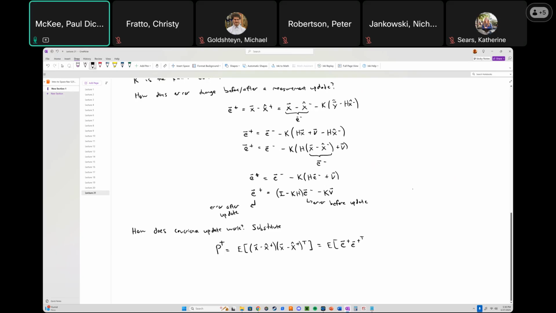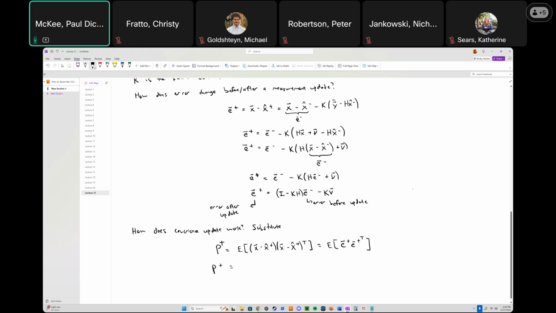And this is getting busy. So there's a plus sign and then also a T, but you get the idea. So the after error times the after error transpose, expected value of that, that is our covariance. So let's go through and substitute in this equation that we just came up with. We'll say our covariance after the update, which generally we want to minimize. So we're doing this in a certain order here. You're going to see that first we need to set up an equation for what our covariance is, and then we'll need to say, okay, well, what is K? Because this whole time I've just been throwing this K term around. What is K that actually minimizes our covariance?